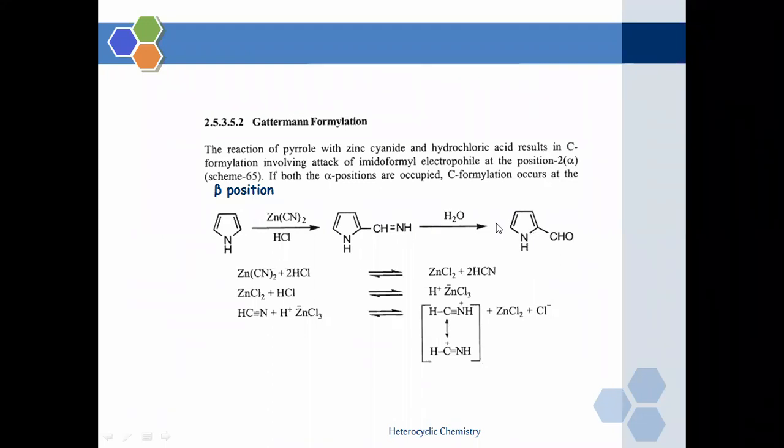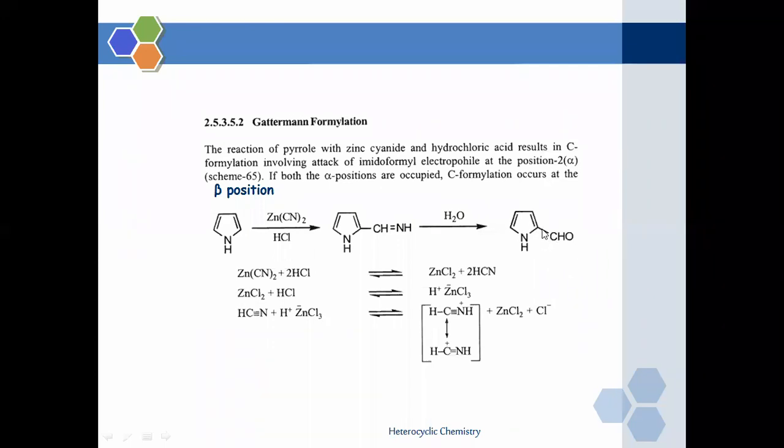If both the alpha positions are occupied, that is second and fifth, then the formylation will happen at the third position. Basically the reaction proceeds with zinc cyanide being converted into an imidoformyl derivative, and this imidoformyl will attack at carbon number 2 position for the formylation reaction to happen at carbon number second position.